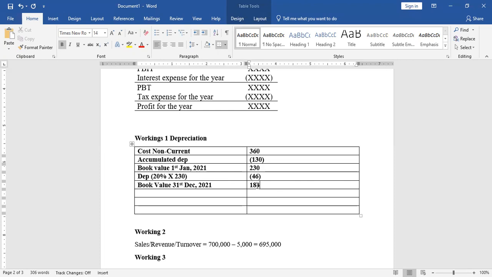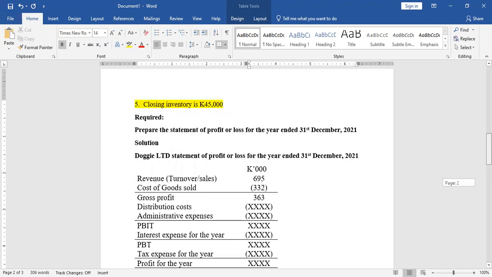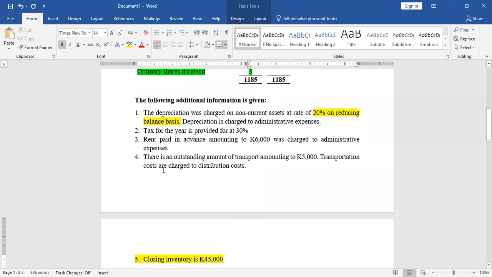That's the book value of the asset. I was much more interested in the depreciation charge for the year, which is the 46. I need it because the examiner has indicated that depreciation charge will be charged to administrative expenses.